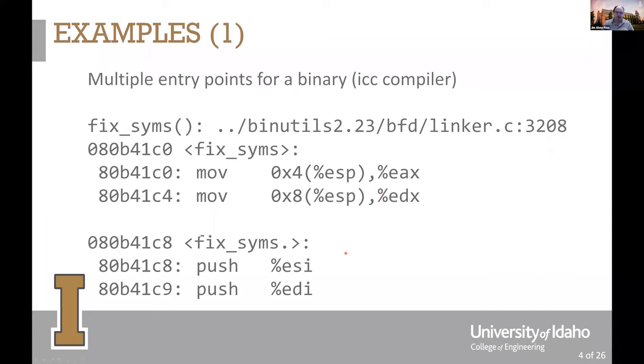Then they fall through to a second part where they just use those registers. So internally within the program, it can call directly here, passing everything in registers. If an external program called it, the external program would pass things through the stack. So we have two different entry points for the same function. Which one is the function start?